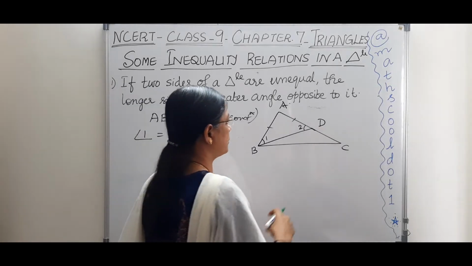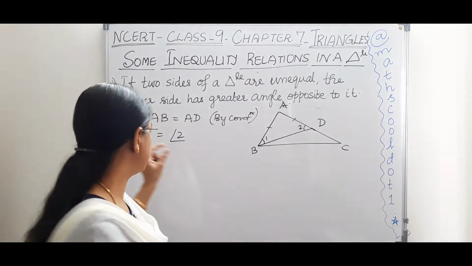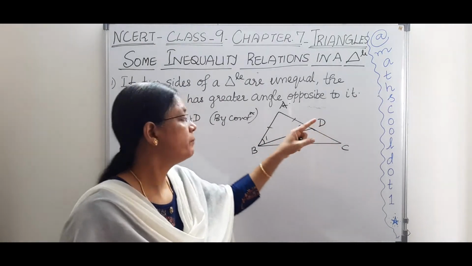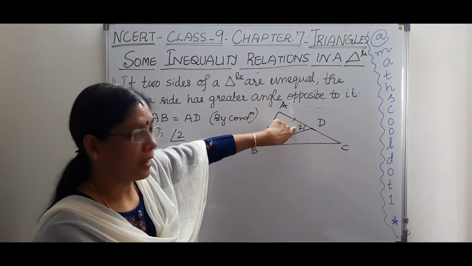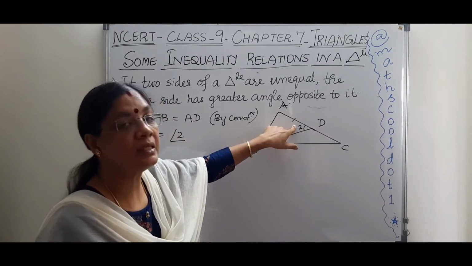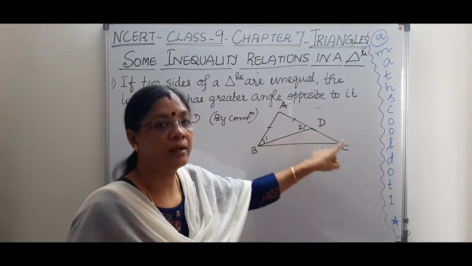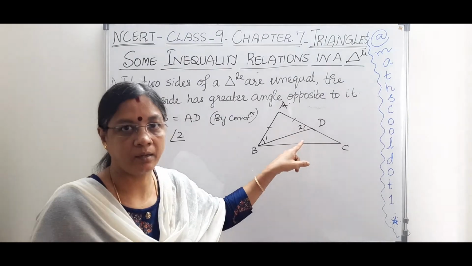That is what we are trying to prove. Now we see 1 is equal to 2, and this angle 2 becomes the exterior angle for triangle BDC.